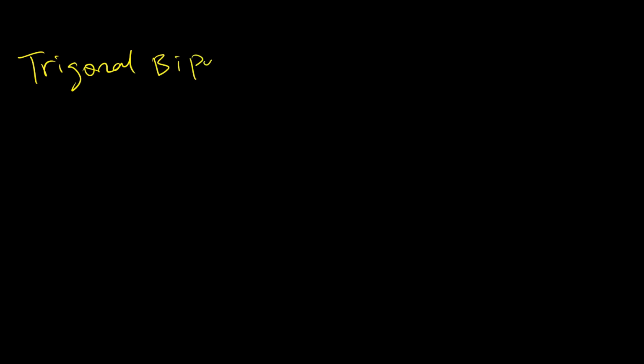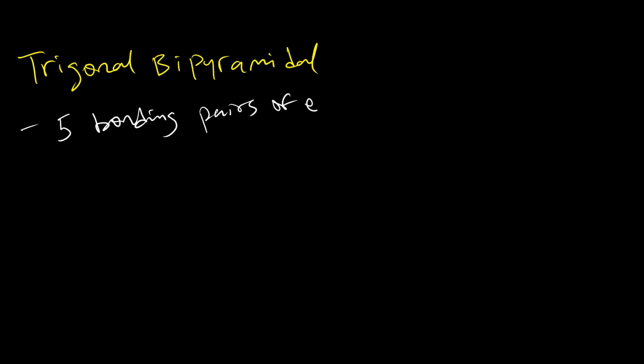So let's look at another shape called trigonal bipyramidal. This shape has 5 bonding pairs of electrons, and it has 0 lone pairs of electrons.